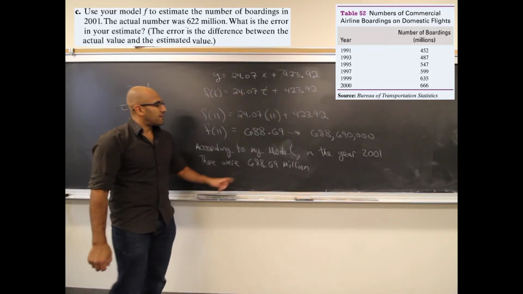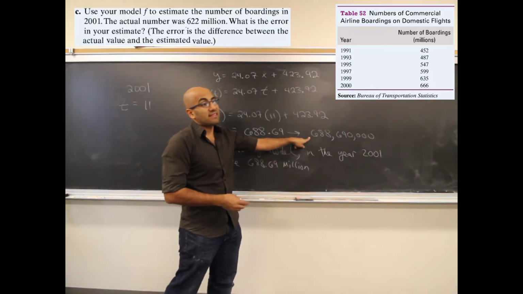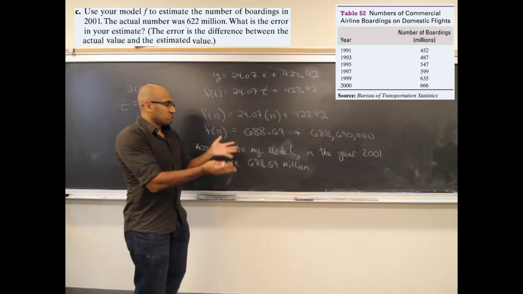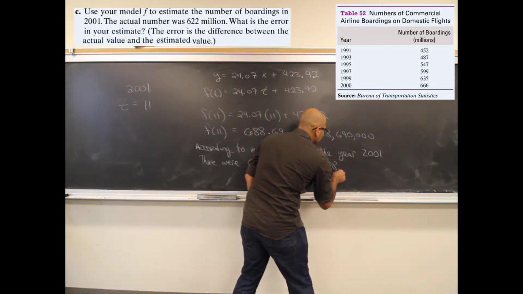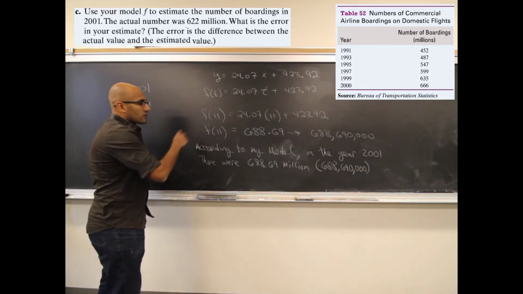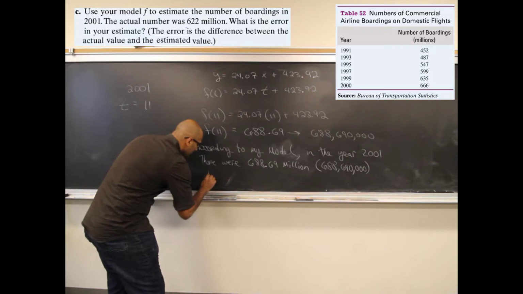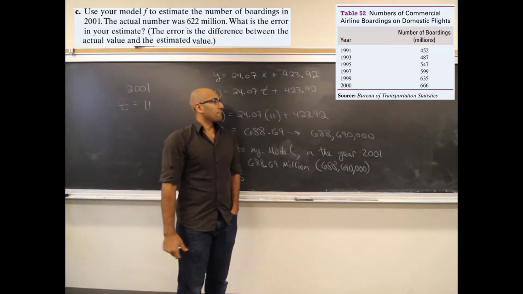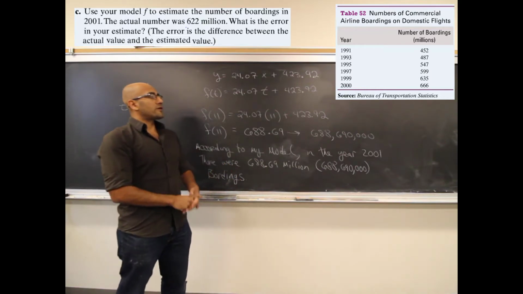What sounds better, 688.69 million, or 688,690,000? Depends. You can put either one. There were 688.69 million boardings. Good? Okay, so we answered the question: use your model, estimate how many boardings there were in the year 2001.